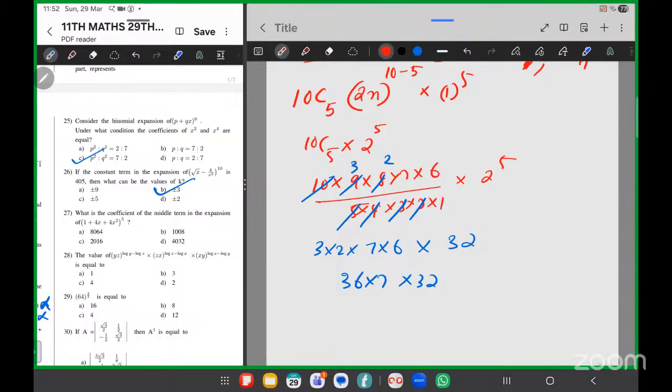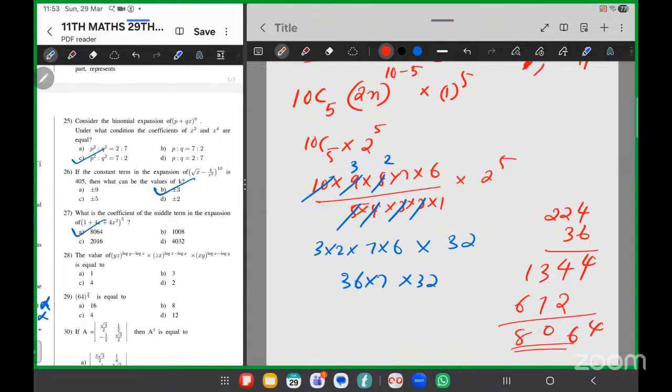If you solve this, 7 into 2 is 14, 7 into 3 is 21 plus 2 is 22, into 36. The result is 8064. Answer is option A.